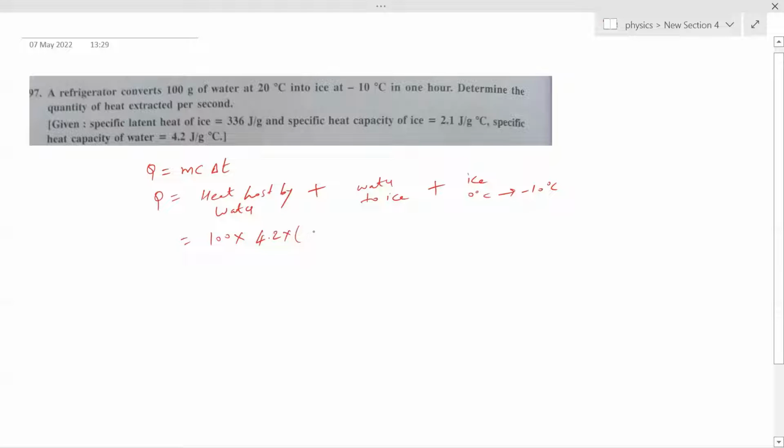First, complete this step. First we will take 20 minus 0.